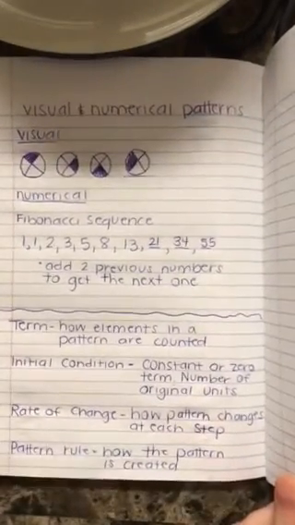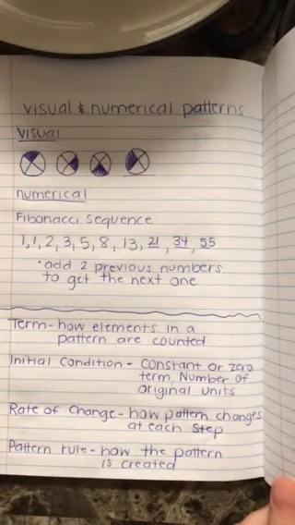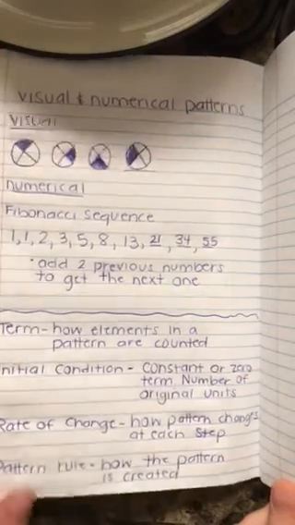Okay, so you have your term, initial condition, rate of change, and pattern rule. I'm going to show you how to put all of these together and give you a couple of examples. Okay, so you have your definitions. The next thing I want you to do is on this whole page, you're going to create a 4-column table.